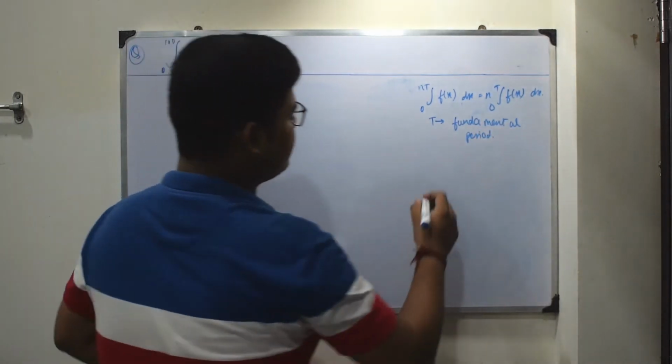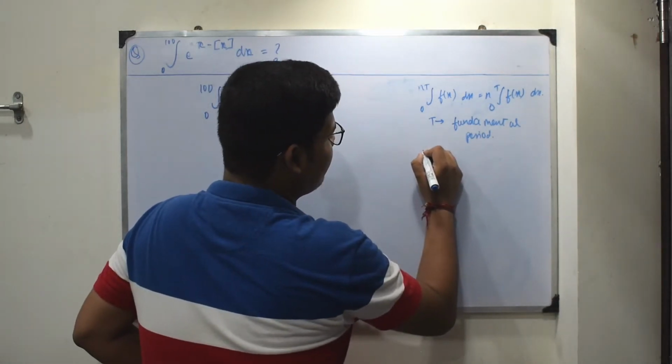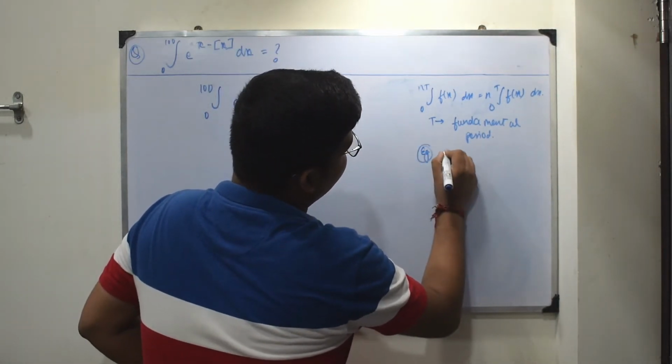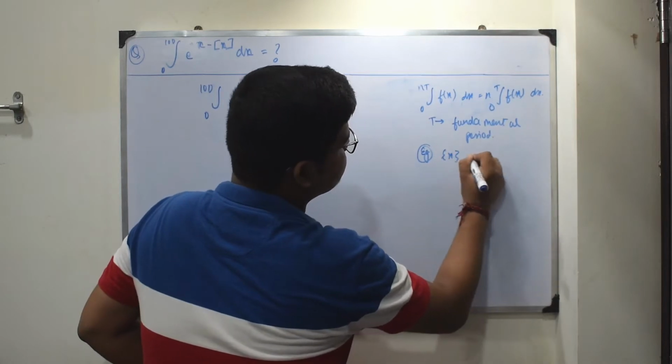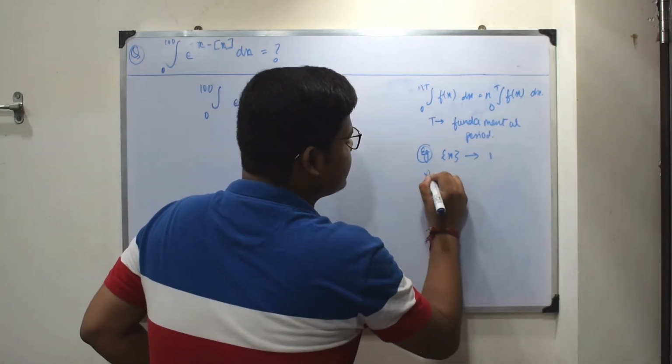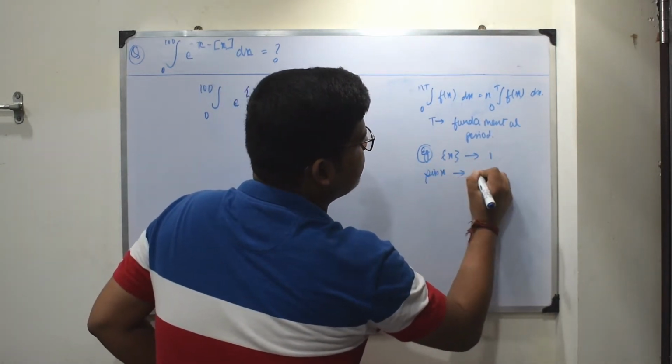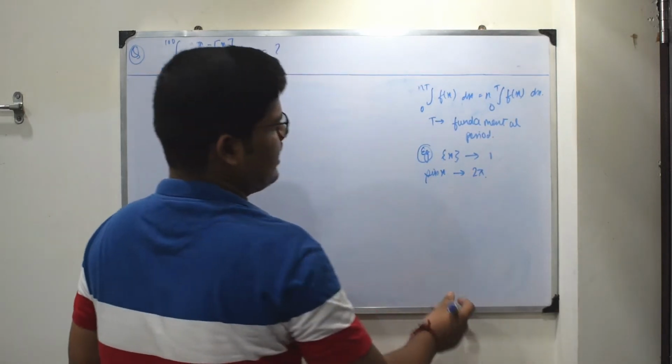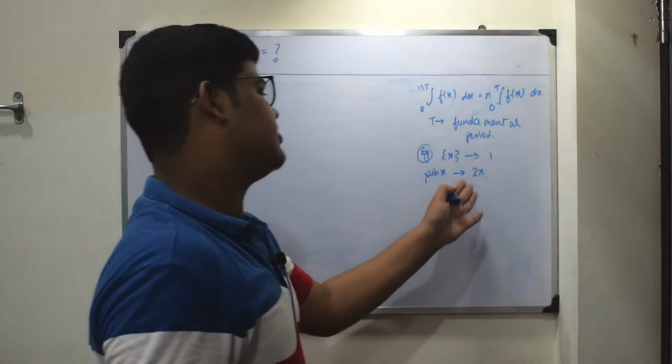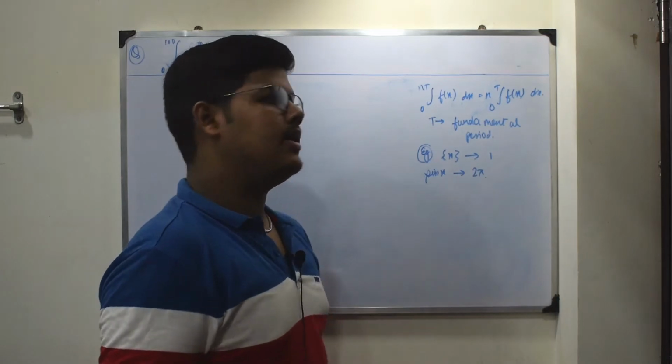For example, for greatest integer function of x, the period is 1. For sin x, the period is 2 pi. For cos x, it's 2 pi, and for tan x, it's pi.